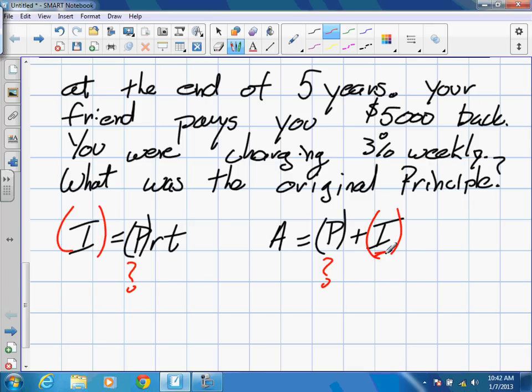What is I equal to, anyone? 5 grand. Oh, it's not equal to $5,000. That's the total amount they give you. 3% weekly. Oh, no, that's our interest rate, which is R. Okay, so R is 3%. T is what? T is 5 years.